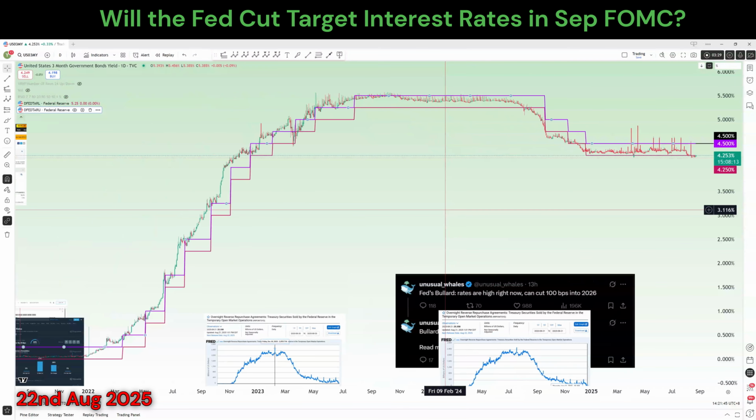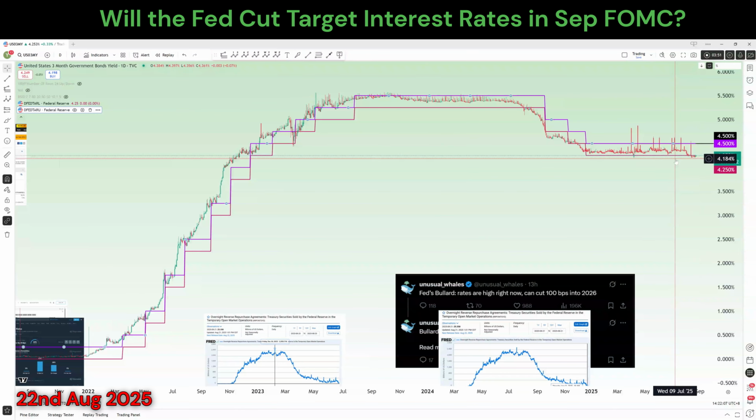Because if you understand the mechanism, it's like this. When the Federal Reserve says they want to maintain certain target rates, and it's not within the existing range, that means the actual movement of the bond yield is outside of this range.